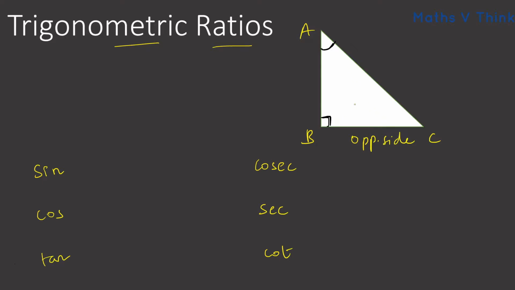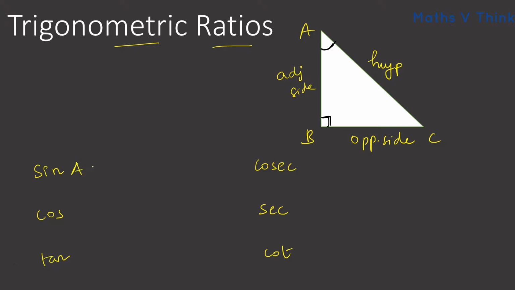Same way, the side opposite to the right angle, that is B, this is hypotenuse. And the side which is near to the angle A, that is adjacent to the angle A, is called the adjacent side. So here AB is the adjacent side, BC is the opposite side and AC is the hypotenuse for the angle A.